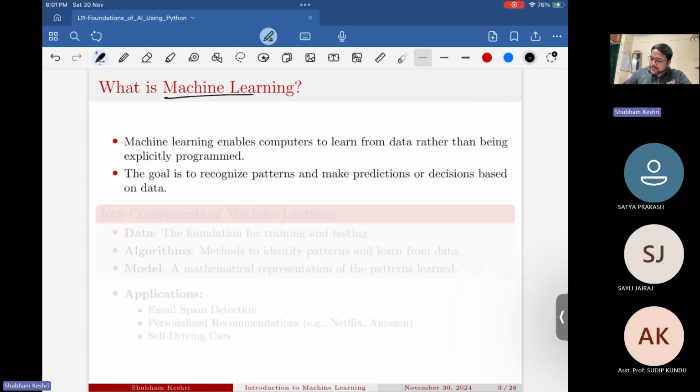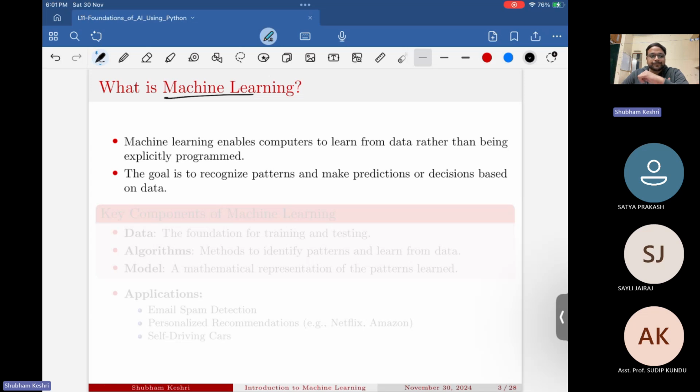So machine learning enables computers to learn from data rather than being explicitly programmed. Till now, what we have seen is we are specifically giving instructions to a computer to perform some tasks. But in machine learning, we don't give instructions. We actually make data available for the computer.